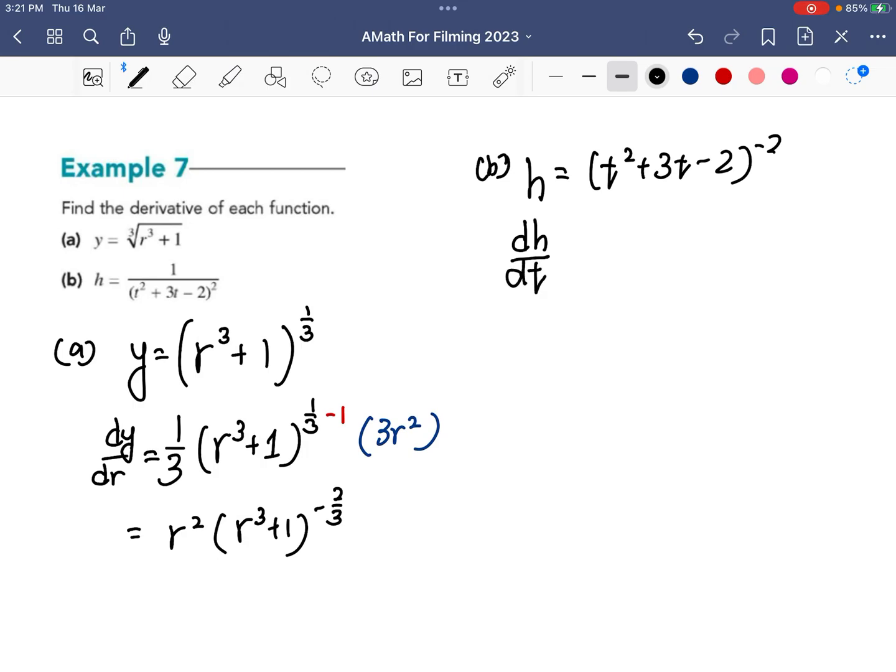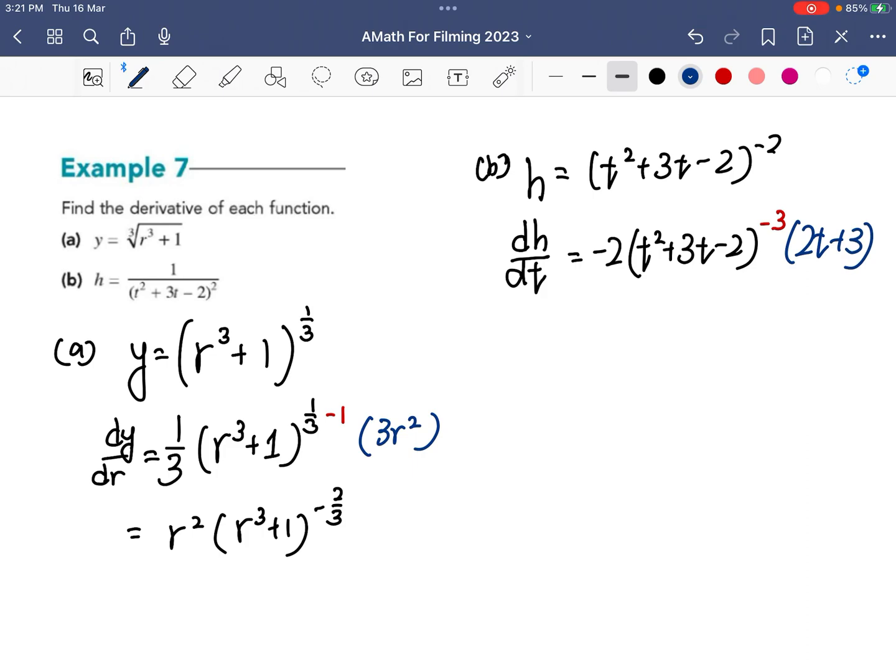In this case, it is t. So what I have is dh dt over here. So what I'll do is the negative 2 comes down, t squared plus 3t minus 2, then negative 2 minus 1 becomes negative 3, and then I differentiate what's inside the bracket, so I'll get 2t plus 3, like this.